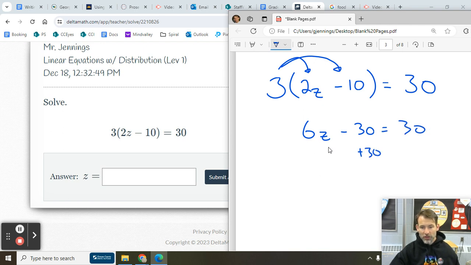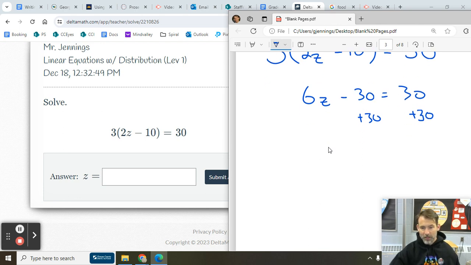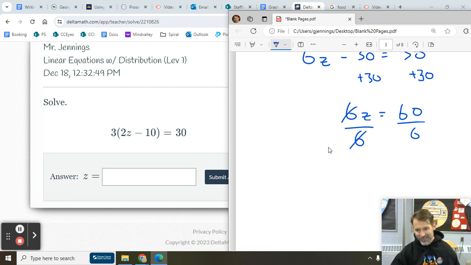Now, add 30 to both sides. Now it's a two-step equation. 6z equals 60. Now we divide both sides by 6 to cancel. Z equals 10.